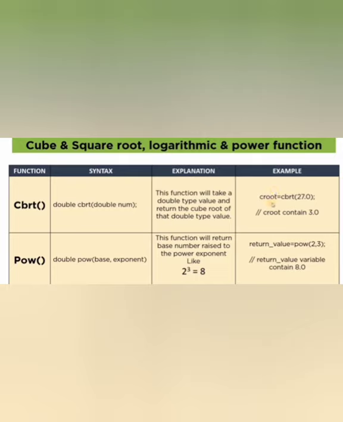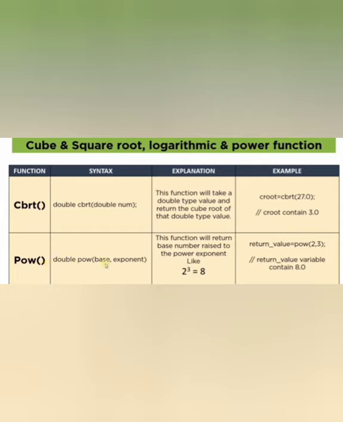Next one, power. This function will return the base number raised to the power of the exponent. It returns the power of a number, like 2 raised to 3 is equal to 8. We know that's a power number. I already told you in the arithmetic expressions, when we studied Java expressions, 2 raised to 3 we can write as 2 into 2 into 2. Same, we can write 2 raised to 3 as double n equals pow(2, 3).